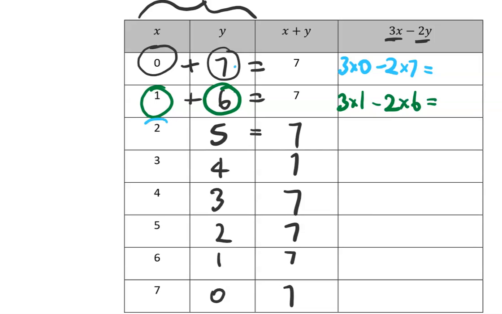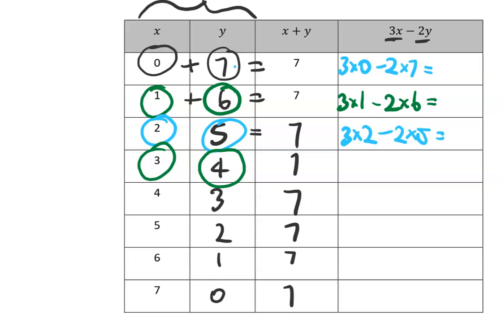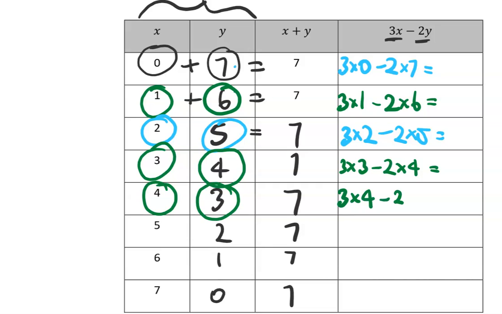If x is 2 and y is 5, then I'll have 3 lots of 2, take away 2 lots of 5, what does that equal? If x is 3 and y is 4, it will be 3 lots of 3, take away 2 lots of 4, and what does that equal? If x is 4, y is 3, it will be 3 lots of 4, take away 2 lots of 3.